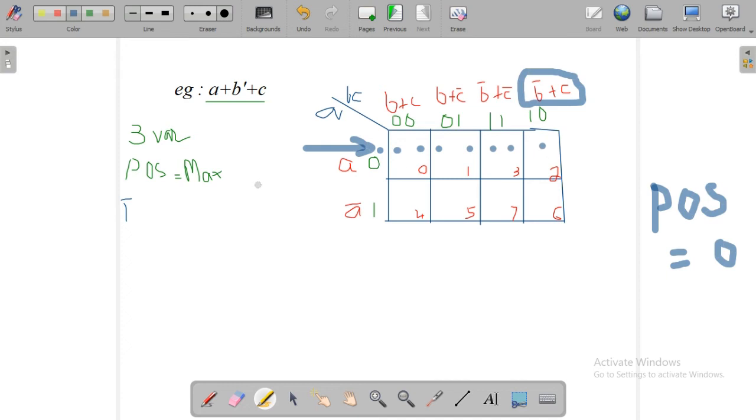This is the meeting point where they met. At that point we have to fill the value 0. Only one max term here, A plus B dash plus C, so that one we have filled here with 0.